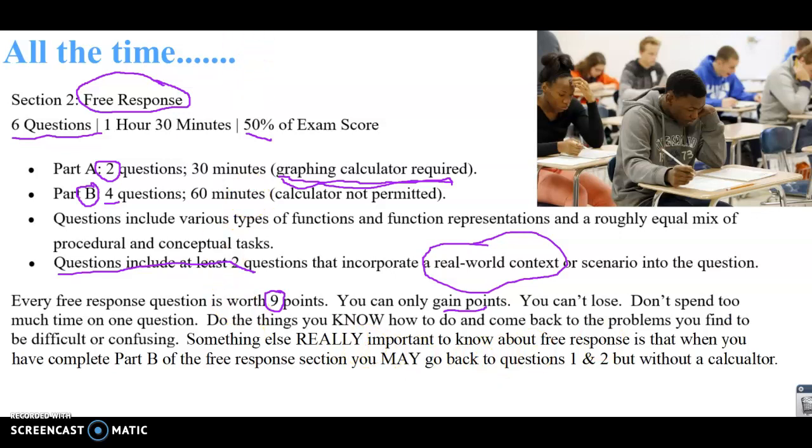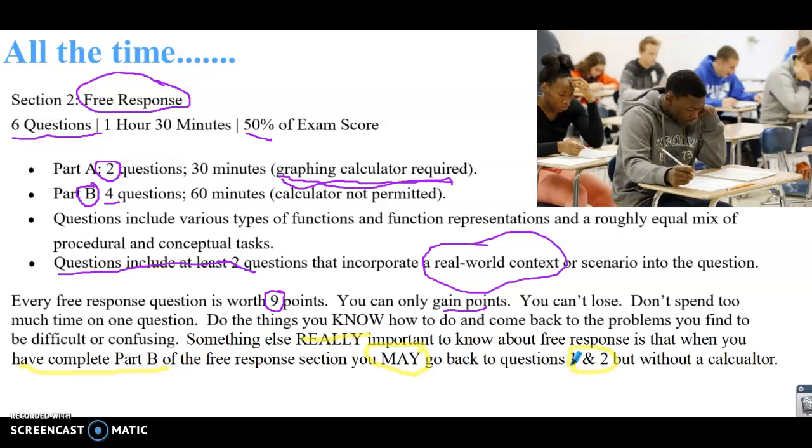Now, something really important to note about free response questions is that when you complete Part B, the non-calculator section, if you still have time remaining, you may go back to questions 1 and 2, but you cannot use your calculator again.